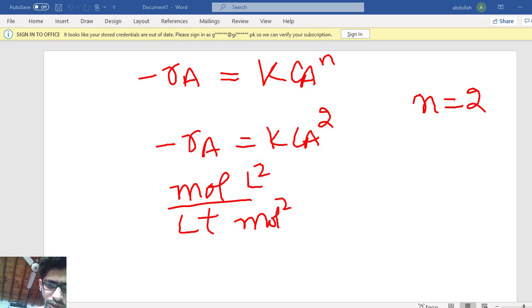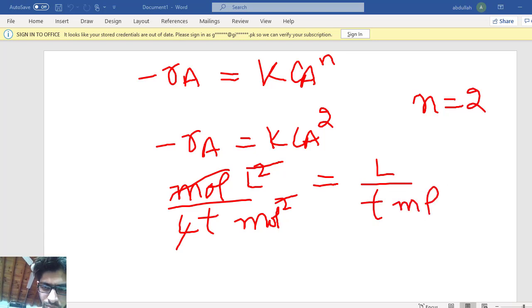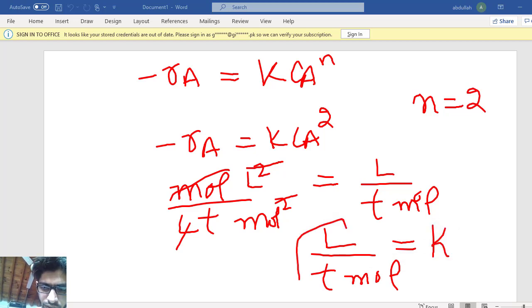So L cancels with L, 1 mole cancels with 1 mole, and we get liter divided by time and mole. So liter divided by time and mole is the unit of rate constant in the case of second order reaction.